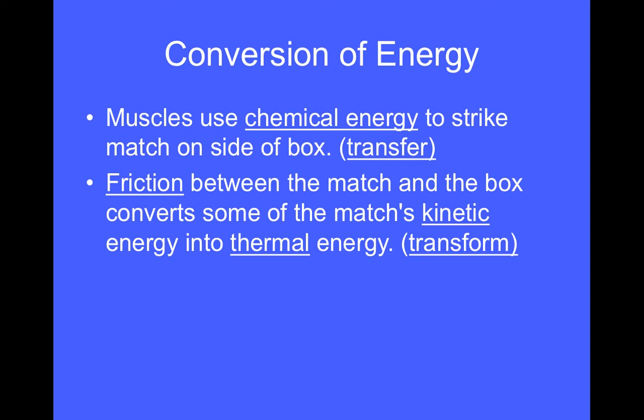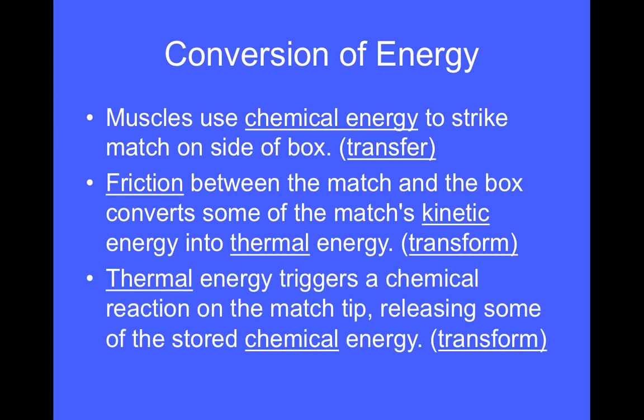Now, this thermal energy can become like the activation energy that we discussed a little while ago. It activates a chemical reaction on the match tip. So it actually releases some of the stored chemical energy at that point. So we get another transformation taking place.